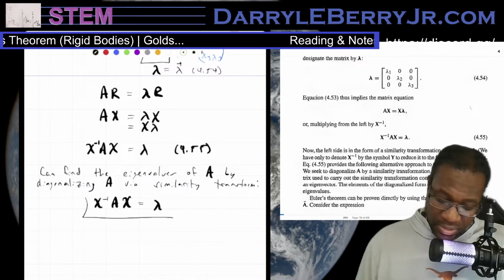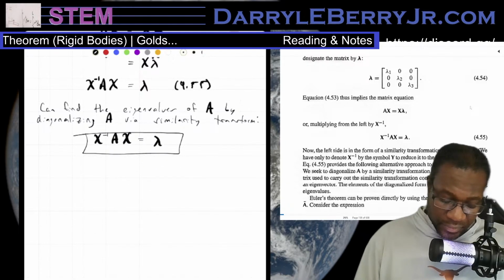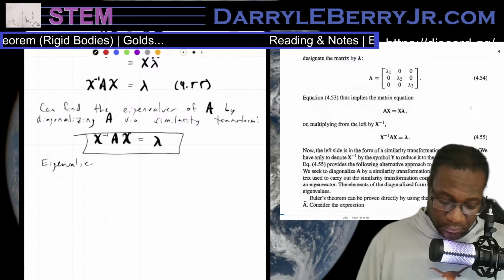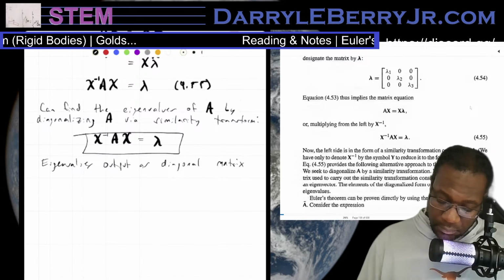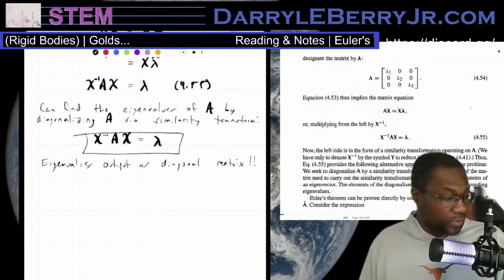And this will output the eigenvalues output as diagonal matrix. That's neat.